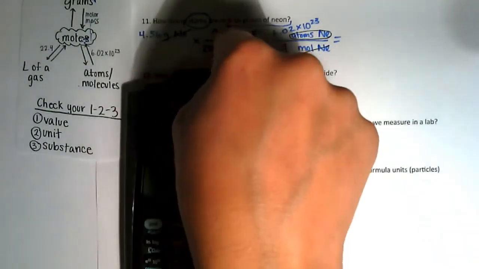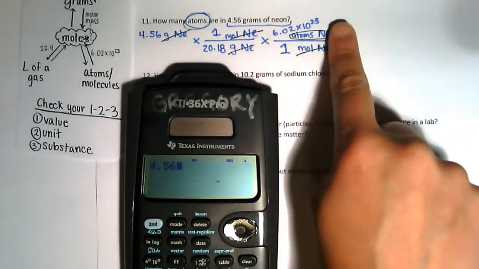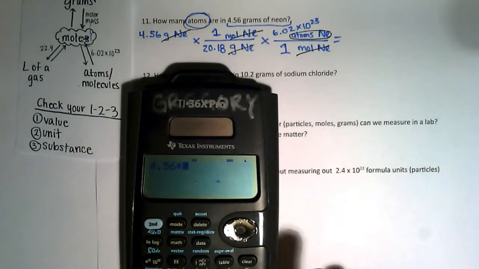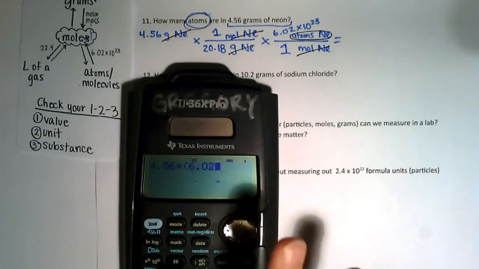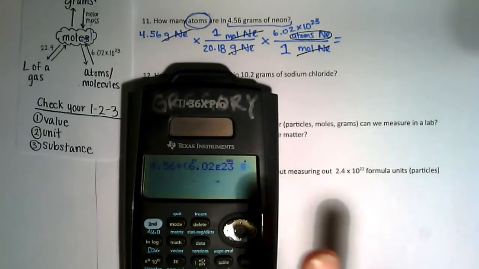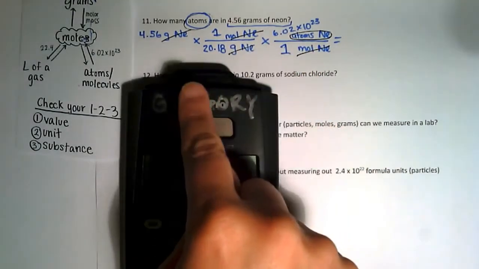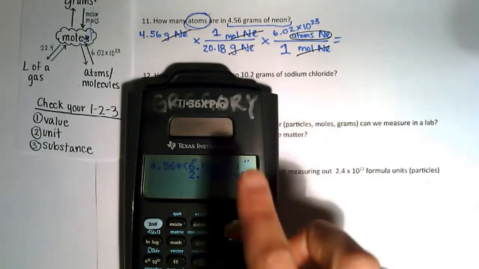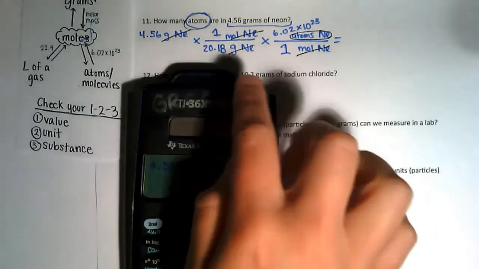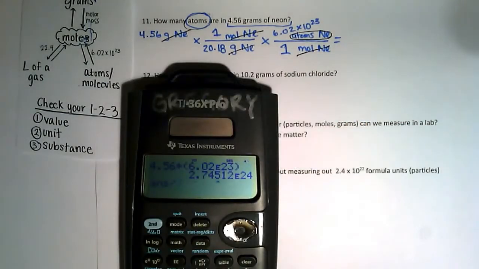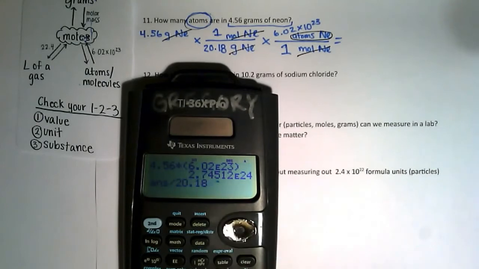So times 1, we don't need to do, times 6.02 e to the 23rd. Okay, hit enter. And then we're going to divide by everything in the denominator. So divided by 20.18.